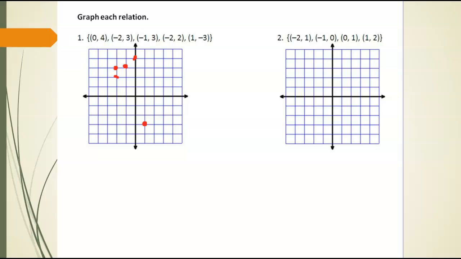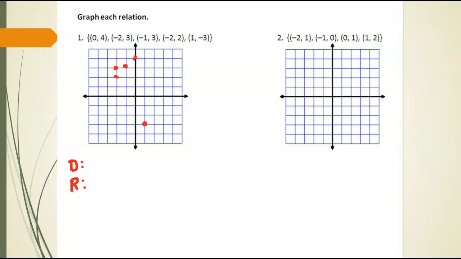Now, when I graph this relation, we want to identify a few key parts. What is the domain? Well, the domain is the set of the x values. What is the range? And then, is this discrete or continuous?